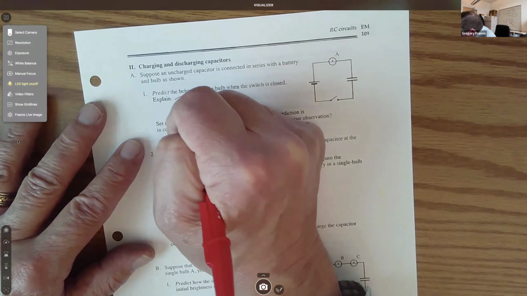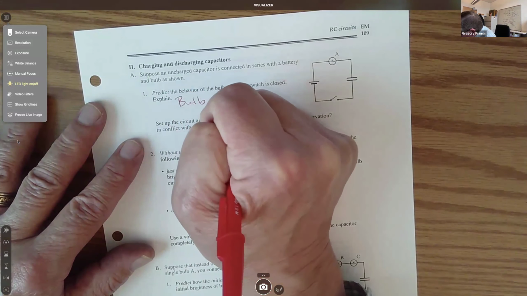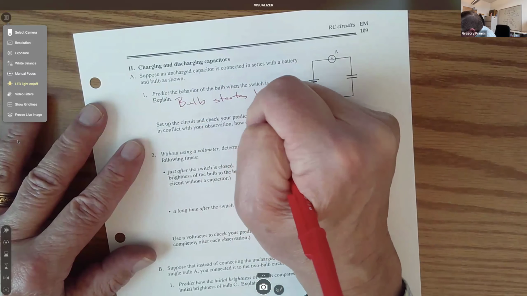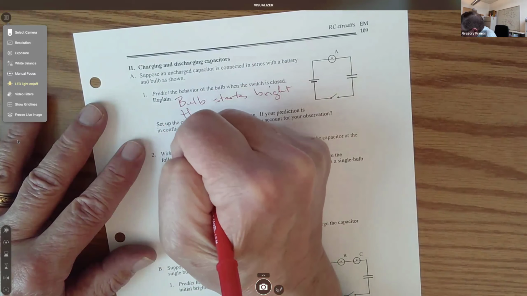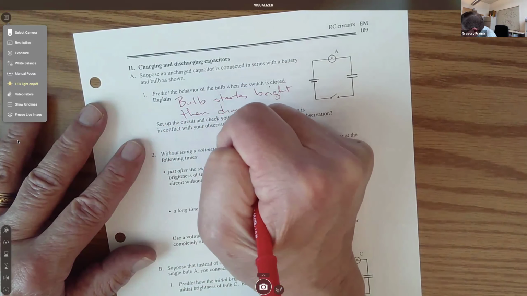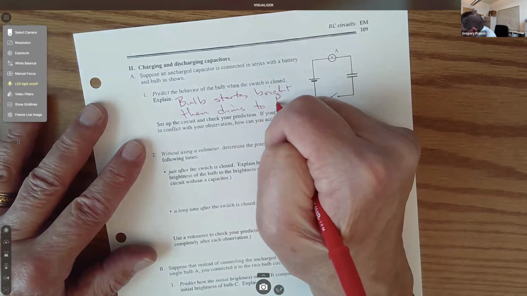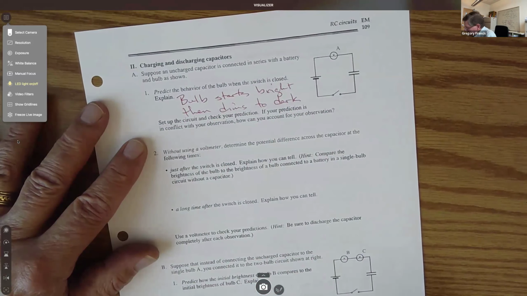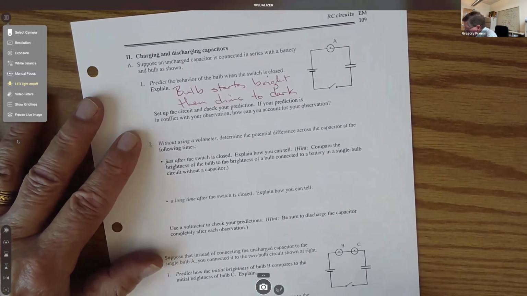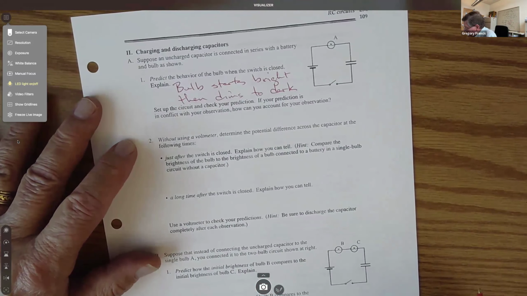The bulb starts bright, then dims to dark.